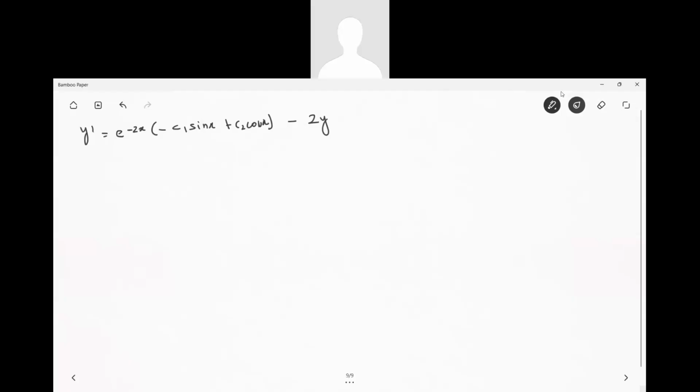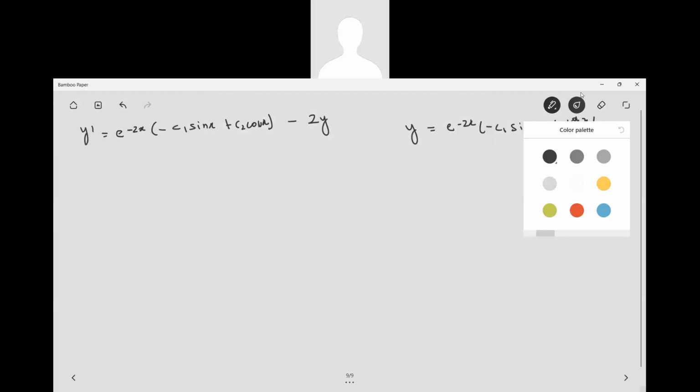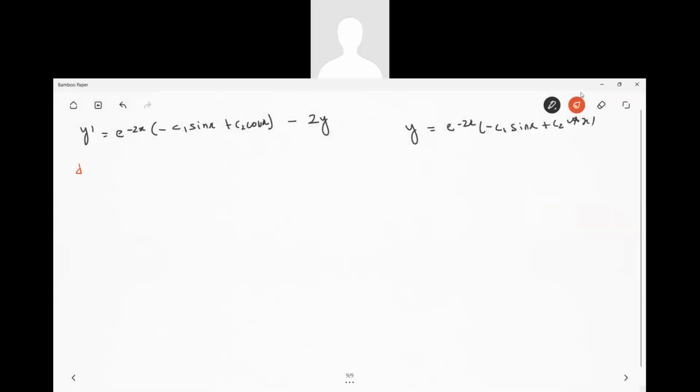Because I already know my y value, which I calculated: e power minus 2x into minus c1 sine of x plus c2 cos of x, right? This was my y value. Now here I need y double dash, so in order to get y double dash, I'll differentiate one more time. So d by dx of y dash is d square y by dx square, which is y double dash.